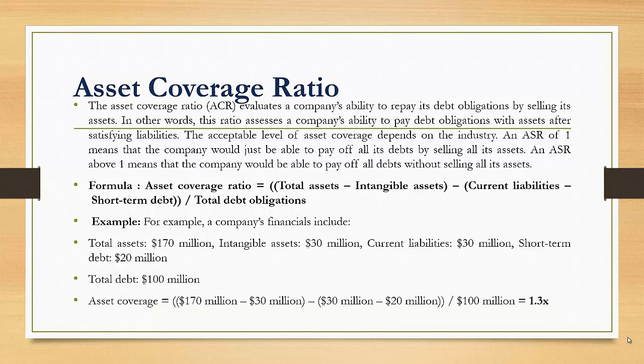If you look at the formula, when we put all these values, total assets 170 minus intangible assets 30 minus current liabilities 30 million plus short-term debt 20 million, and then divided by total debt obligations 100 million, this will give us an answer of 1.3. The interpretation: the company would be able to pay off all of its debts without selling all of its assets. So this is a very useful ratio.